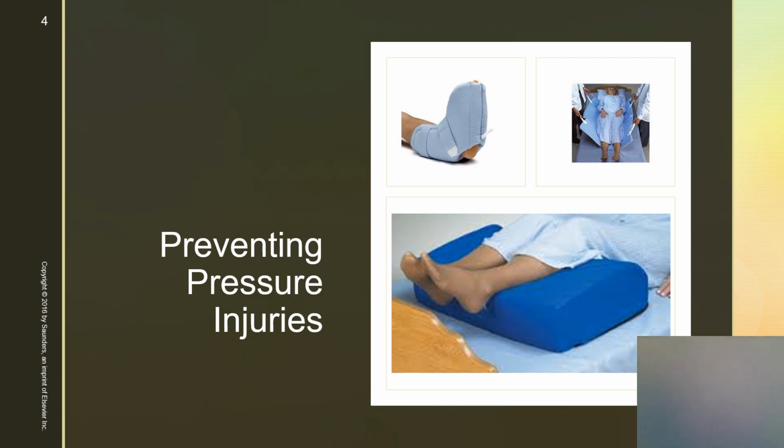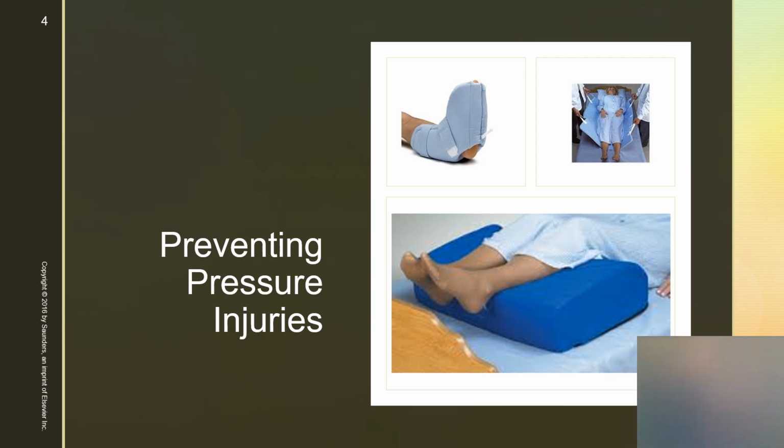Use measures that will enhance client mobility, such as trapeze bars. Remember, in bed, keep the head lowered as much as possible because when they're sitting up in bed, they're actually going to be sliding down, creating those shear forces.